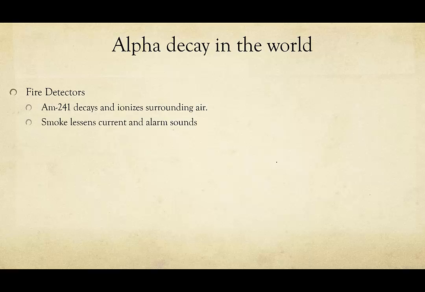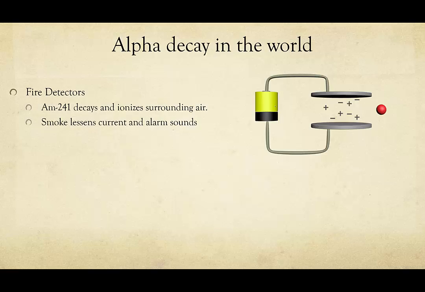When that happens, we actually complete a circuit from the battery to this plate. So you'll set up americium here, and by you, I mean the fire detector creators. This ionizes the air, and having this ionized air in here allows a complete circuit from here to here. Without that ionized air, there's no circuit.